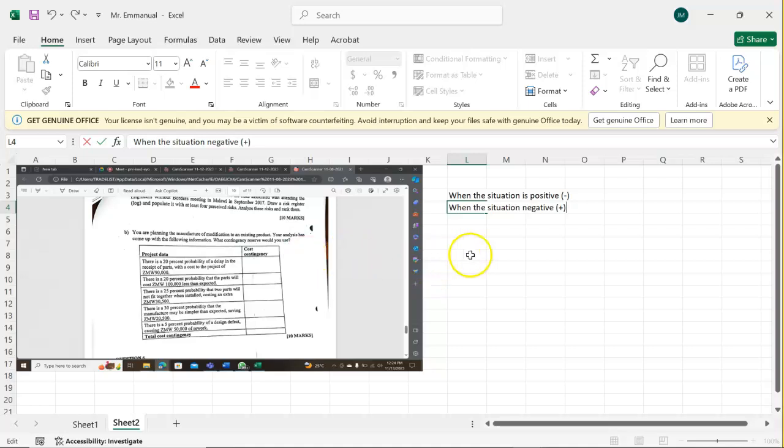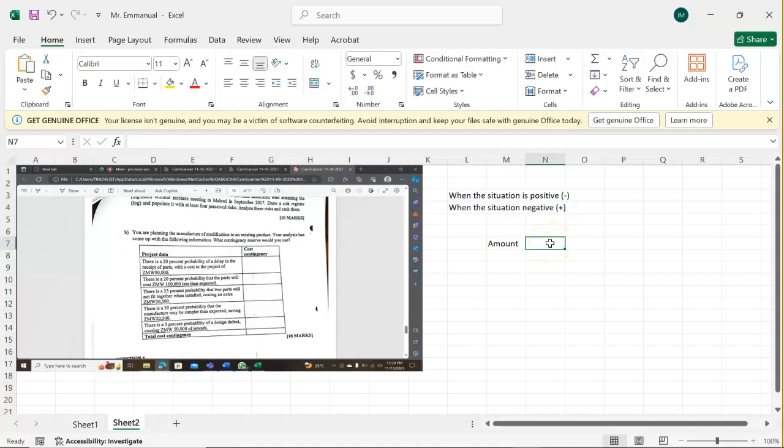So here I'll put the amount. Here I'll put the amount for the project data. Here I'll put the percentage.